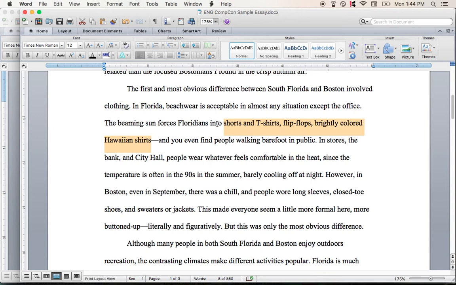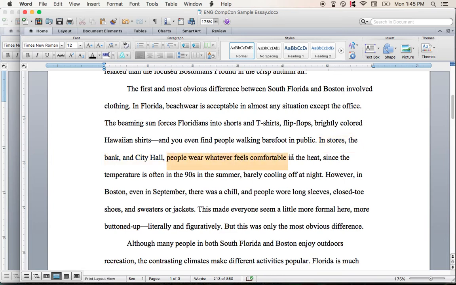Here are the examples of what they're wearing. Sometimes you'll even see people walking barefoot. And then here are examples of where people wear these things. They don't just wear them on the beach, they wear them in stores, the bank, and city hall. People just wear shorter clothing that feels comfortable.